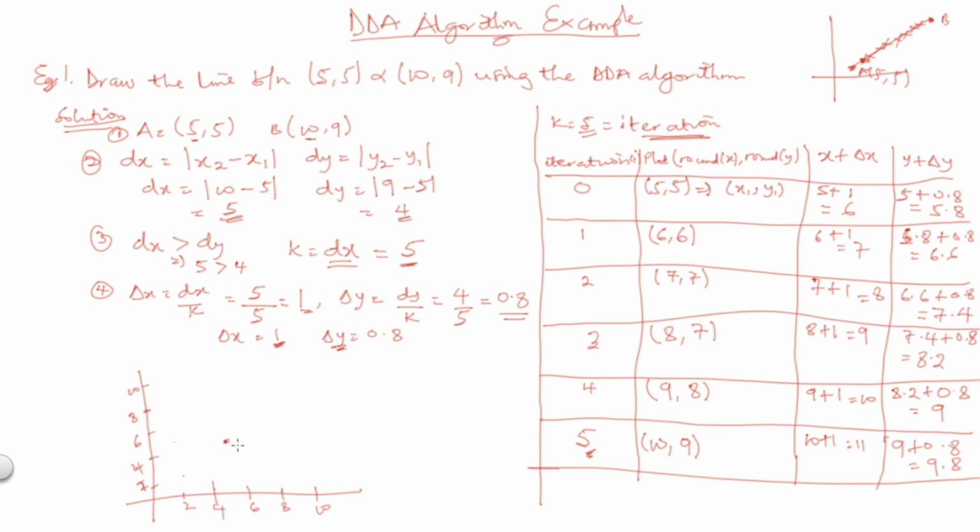The next one is 6 and 6, somewhere here. 7 and 7, somewhere here. And 8 and 7, somewhere here. And 9 and 8, somewhere here. Finally, 10 and 9 should be somewhere here. So that will be the line.